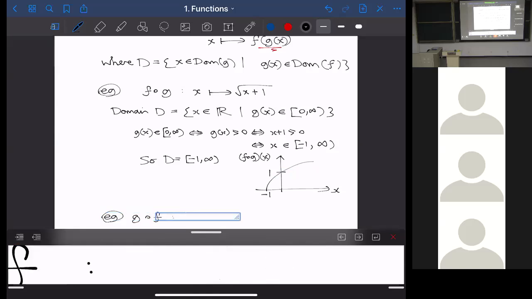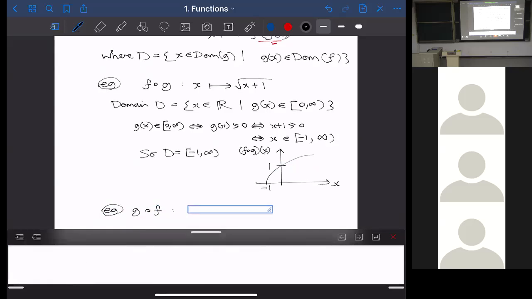Okay, so another example, f then g. So this is the other way around. We start with x, we square root it, that's f, and then we add 1, that's g.